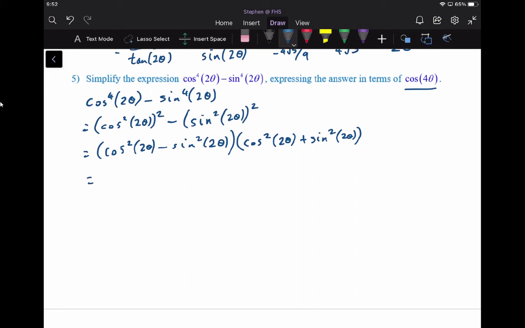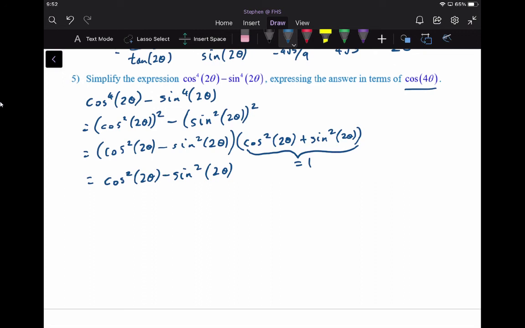Now, this is something pretty amazing. If you look at the second bracket here, cos squared plus sine squared, well, that's just the Pythagorean identity. That's just equal to 1. Beautiful. Well, that's gone. So we really just have cos squared of 2 theta minus sine squared of 2 theta.